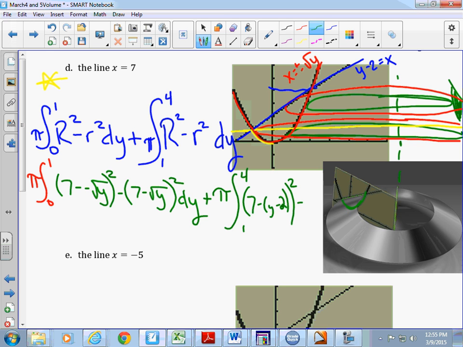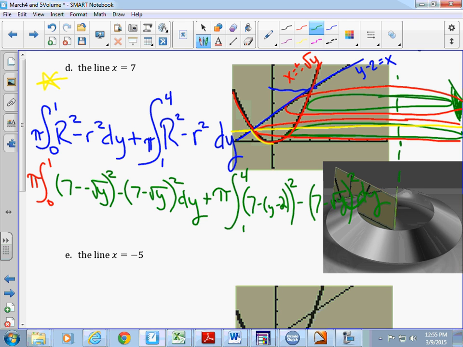Minus the little one, which is still 7 minus the square root of y. That piece didn't change from one part to the other. This one's a bad one. That is, again, as bad as they get for discs. You had to do two integrals, or for washers.